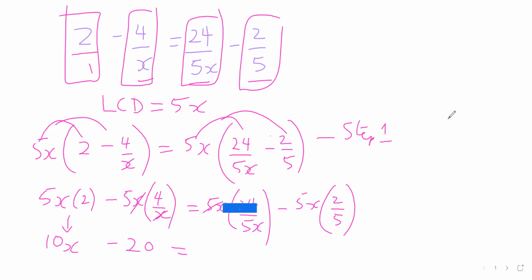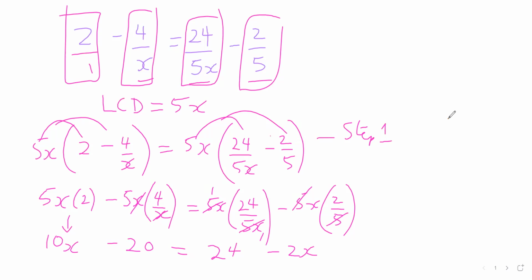Now 5x will cancel 5x here, so I have 24 left. And then 5 will cancel 5 here, so I've got minus x times 2, which is minus 2x. So this whole equation with fractions is simplified to 10x minus 20 equals 24 minus 2x.